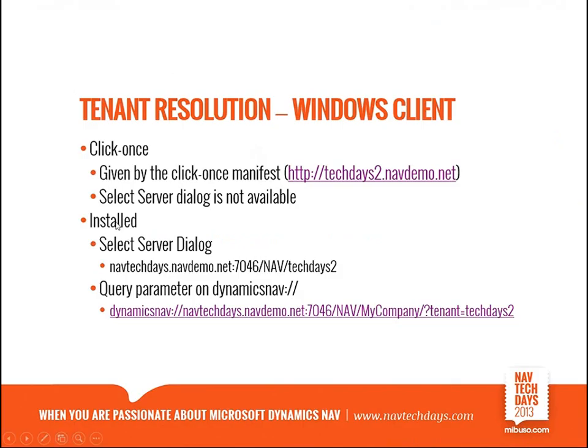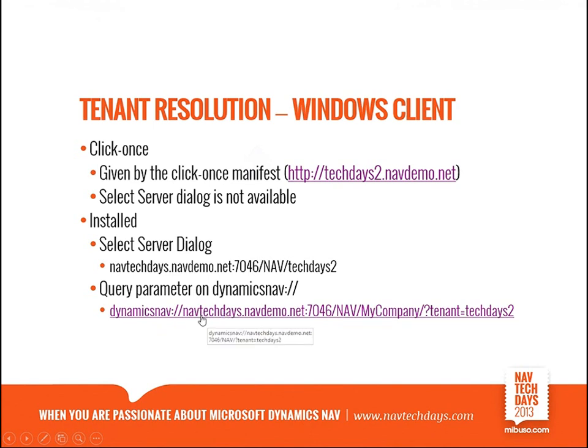If you installed NAV, the select server dialog, I already showed you, that's the server name and the port, and then /tenant here. On Dynamics nav:// it's a query parameter like all other URLs. So wherever it's a URL, it's actually a query parameter. I thought that Dynamics nav:// also supported the host name in here.